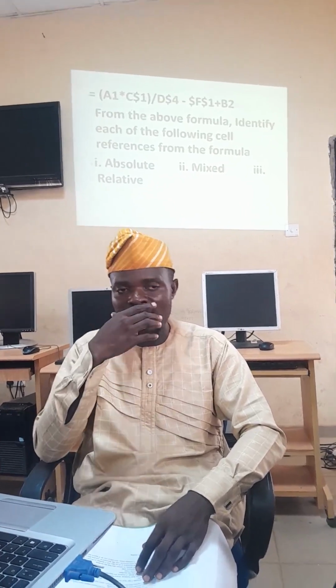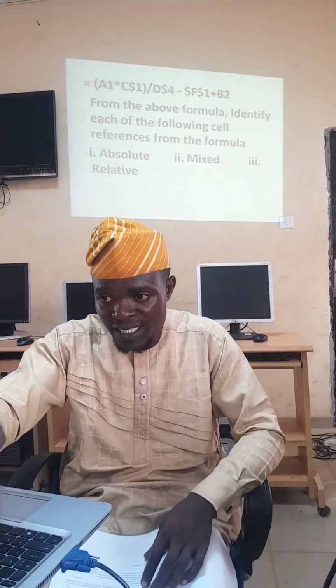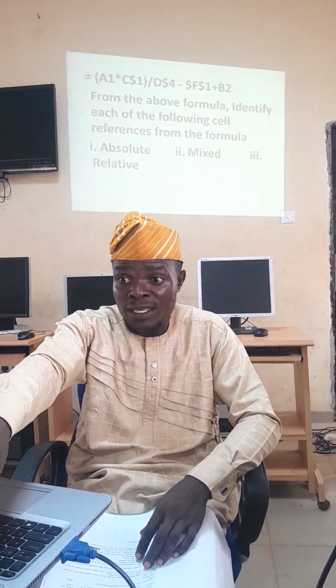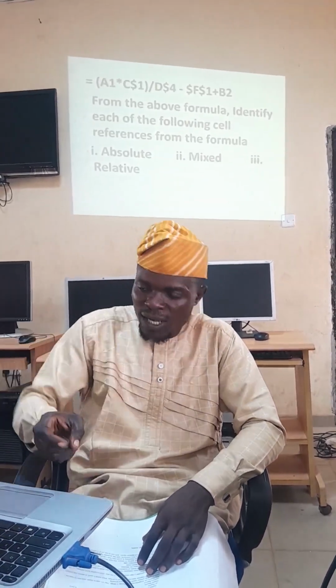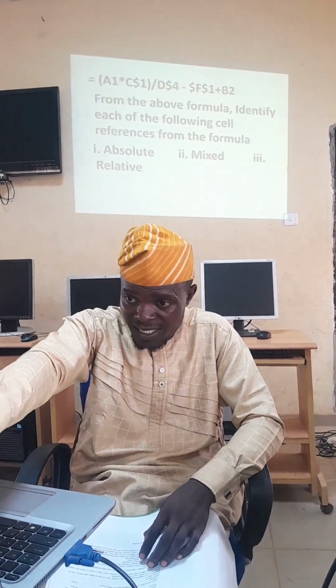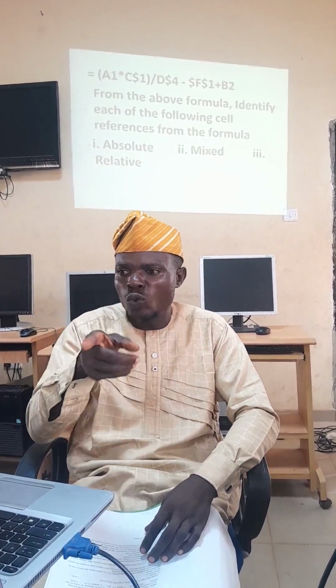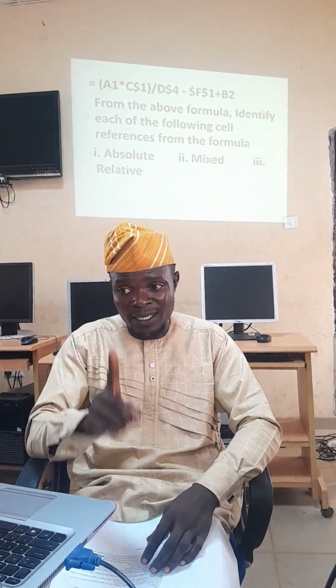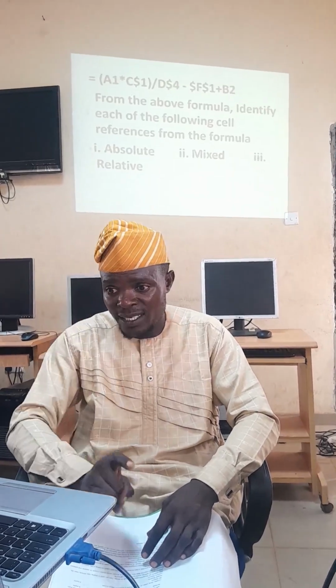There is a way we reference in our formula. In a formula, we see that it is about referencing A1, what you have in A1. So now, how do we reference in spreadsheet? We have absolute reference, no doubt about that. We have mixed referencing, and we have relative referencing.